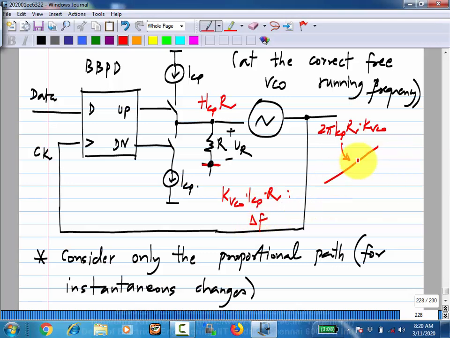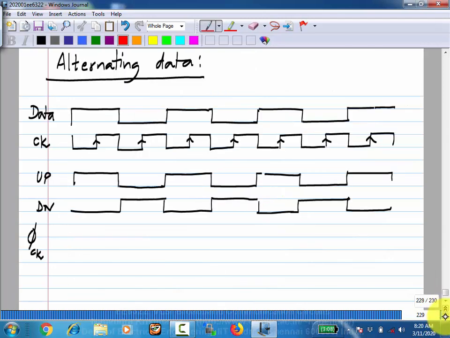With that frequency step, the phase will ramp like that. So it will be ramping up here, and ramping down there, and ramping up there, down, and so on.